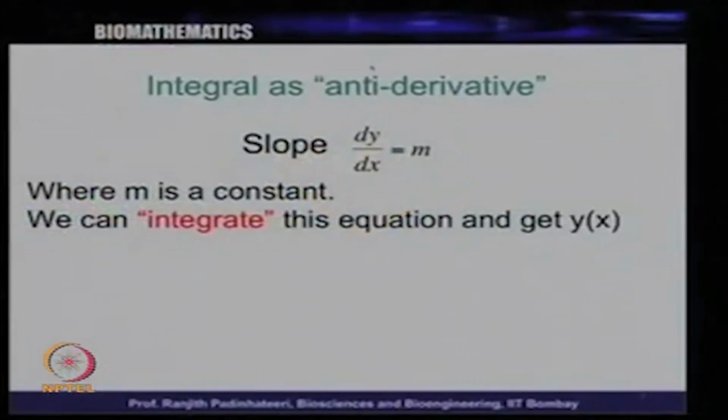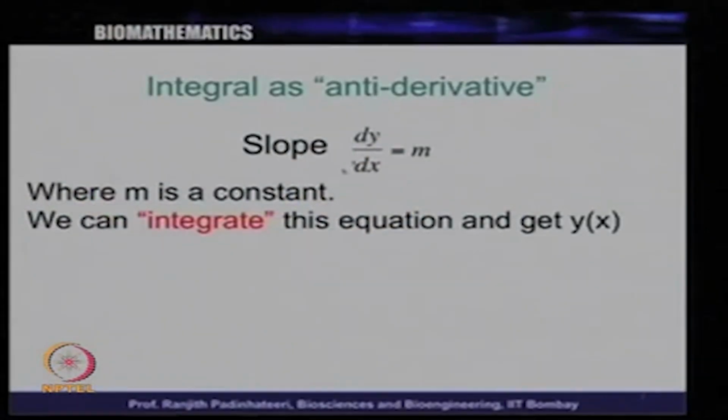And here if we know the slope, we have to calculate the nature of the curve itself, the function itself. That is the opposite process of derivative. So, one could call integral the antiderivative.